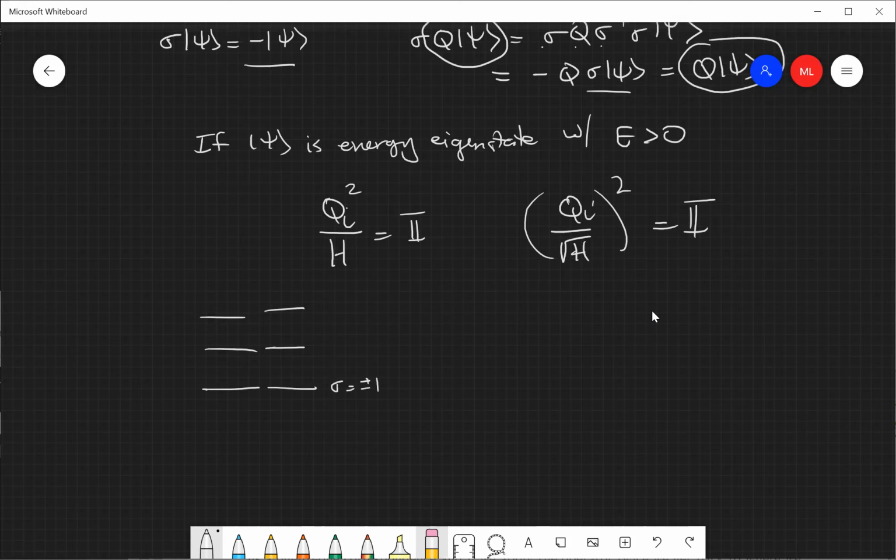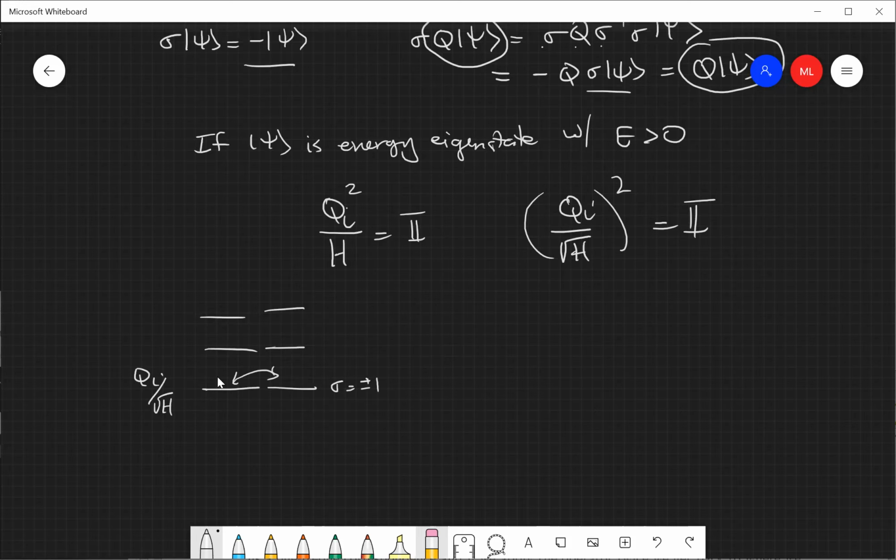And we can jump between these two states by using this Qi over square root of H operator. It jumps back and forth, and because we apply it twice, we get back to where we started. So that's the structure.